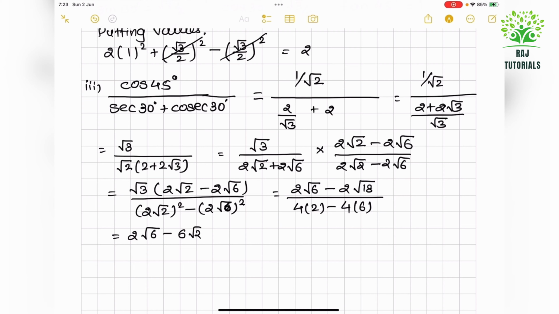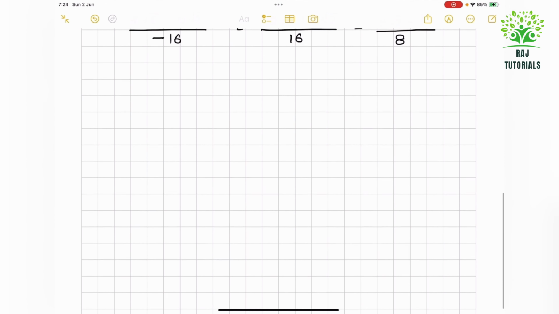So 3 2s are 6, so 6 root 2, and this will be minus 16. So I can say minus 2 root 6 plus 6 root 2 upon 16. I have multiplied the minus sign in the numerator. So now if I take 2 common and cut, this will become 3 root 2 minus root 6 by 8.